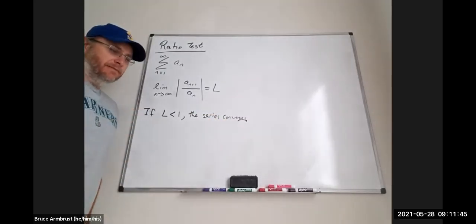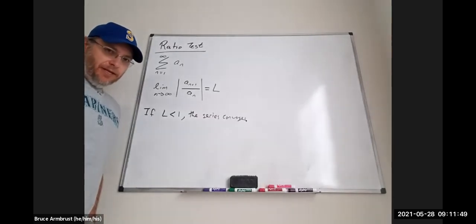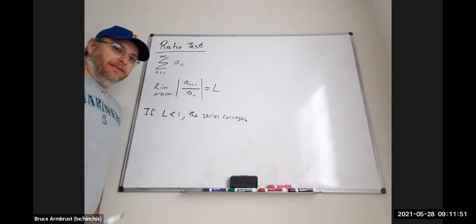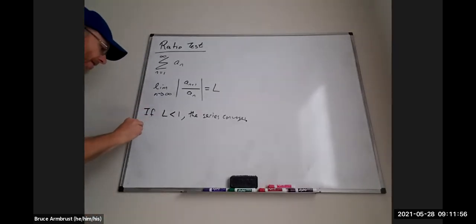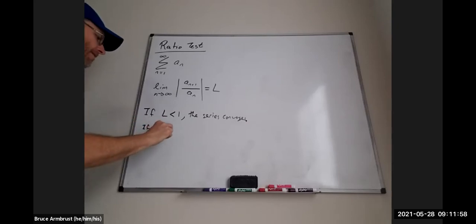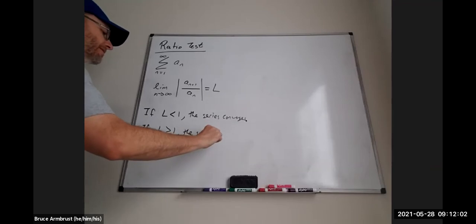Done. If that limit we get is less than 1, we know immediately that the series converges. Similarly, if L is greater than 1, we know that the series diverges.